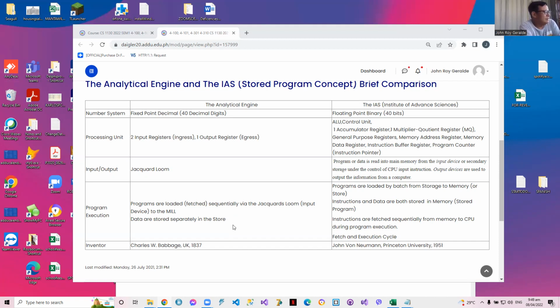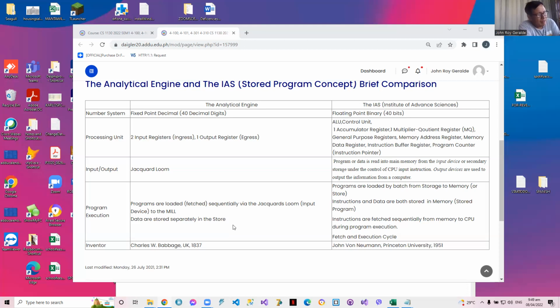Okay. In terms of the processing unit, there are only 3 registers in the analytical engine. Now, in the IAS, the mill was split into 2 main functions. Unlike in the analytical engine, you have to distinguish this. Mathematical operations and execution of commands are done by the mill. Do you follow?